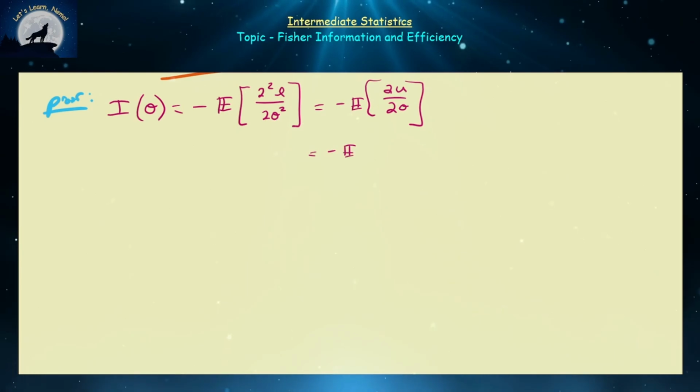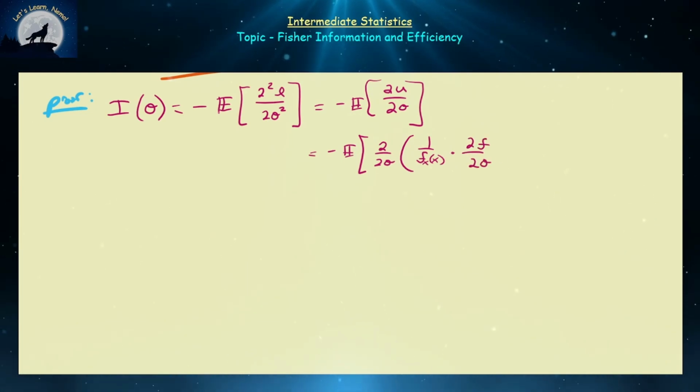So that's going to be the negative expectation of the partial derivative with respect to theta of, and what do we have here? So u is the derivative of the log likelihood function. So it's going to be 1 over f of x times partial f partial theta. Right? So this is the same exact identity that we used before, right? Because that is all u.